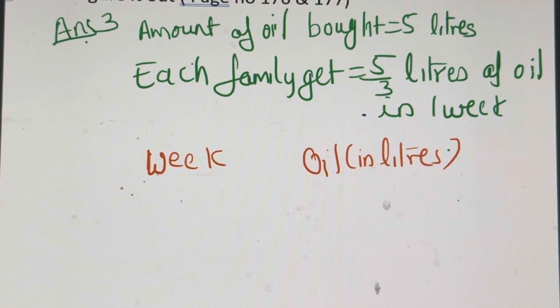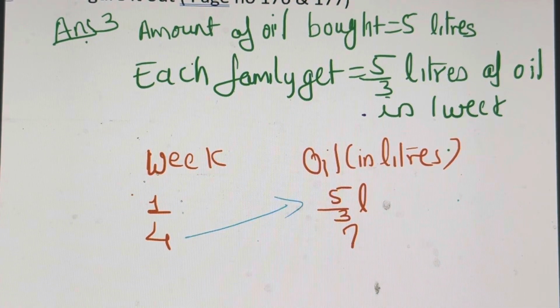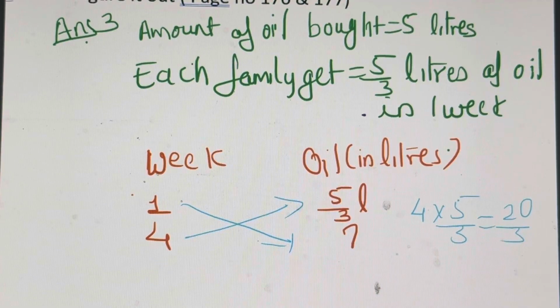So 1 week is equal to 5 upon 3 liters. So 4 weeks, how much? Right, so it is simple cross multiplication. So 4 multiplied by 5 upon 3. So 4 5s are 20 divided by 3.